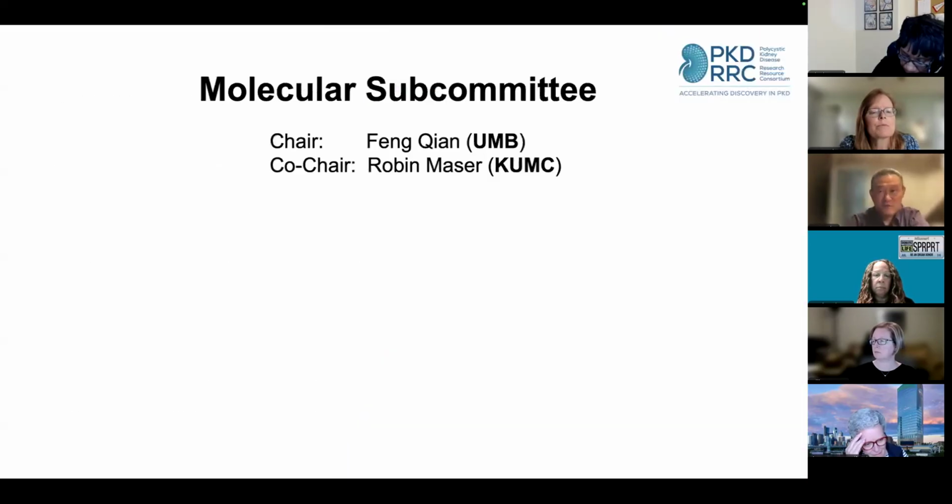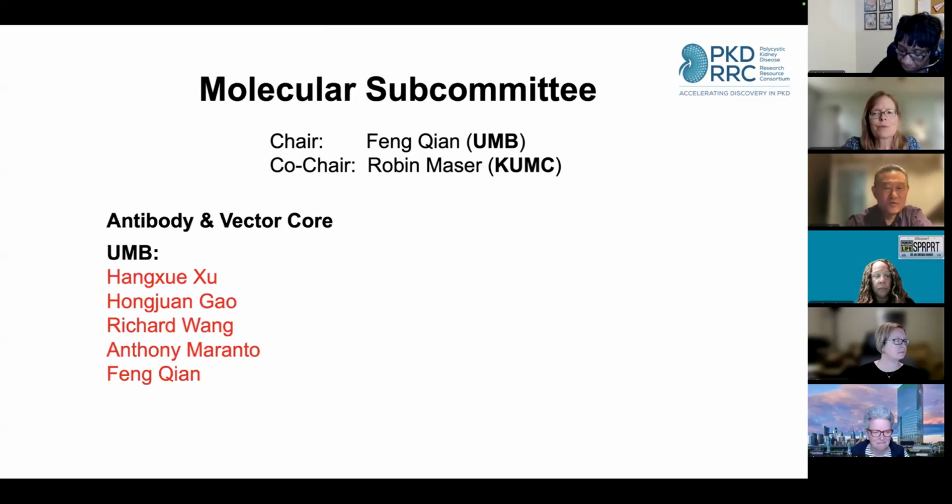And now the structure. We call it the molecular subcommittee. The chair is me, Feng Chen, UMB, University of Maryland, Baltimore. And the co-chair is Robin Mazur, University of Kansas, where Corey is. When our U54 was funded, my core at UMB was originally called the antibody and vector core.